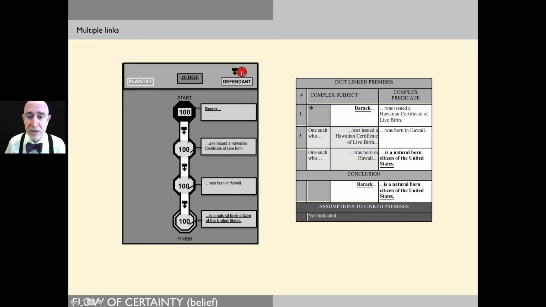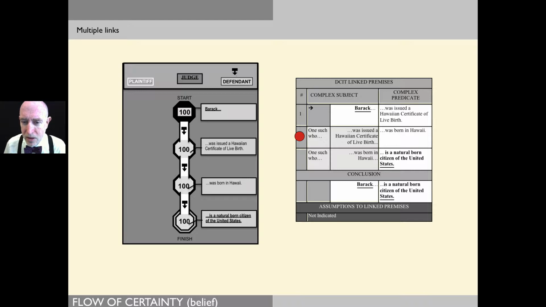So the defendant says, well, I've got three premises here, that should be a two, here's a three, that will make this connected in the line of reasoning. Number one, Barack was issued a Hawaiian certificate of live birth.